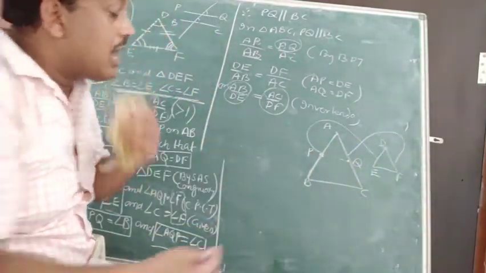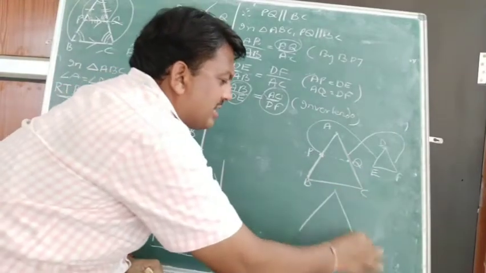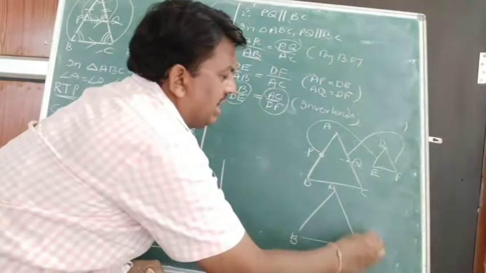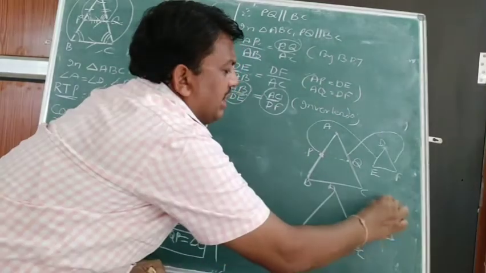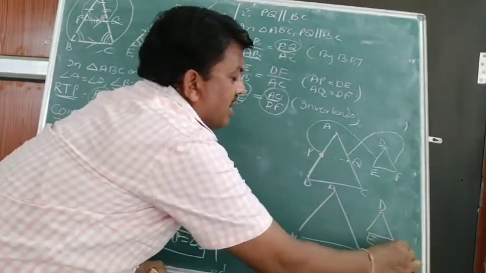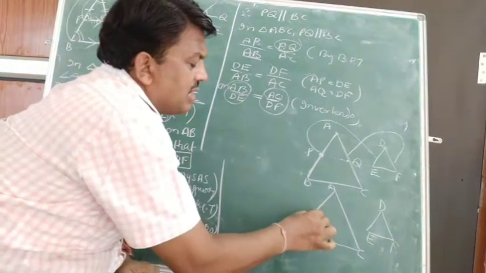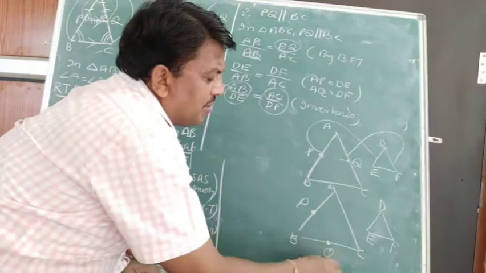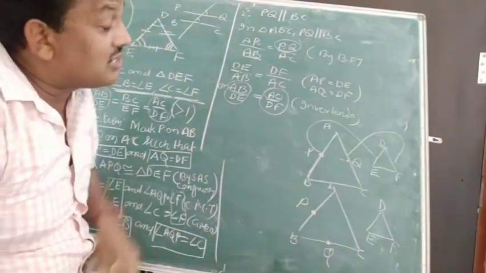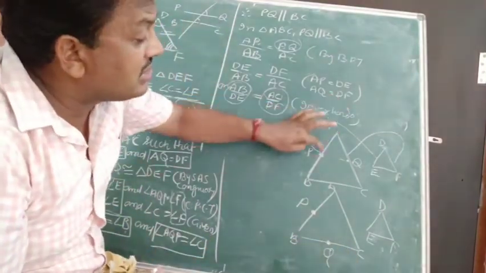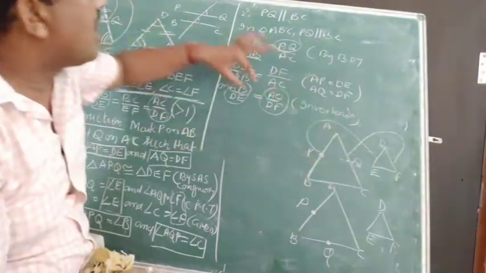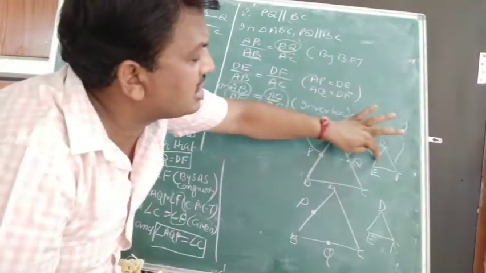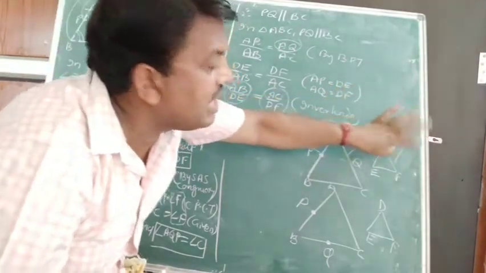Is it not clear? If I take these points A, B, C, D, E, F, and take the points on AB and AC, I got the relation of AB and AC, with AB corresponding to this and AC corresponding to this.